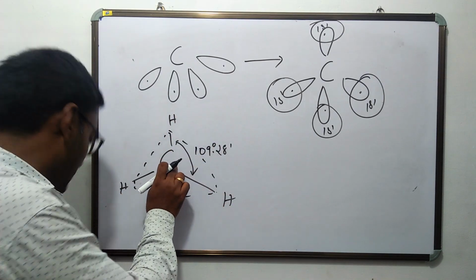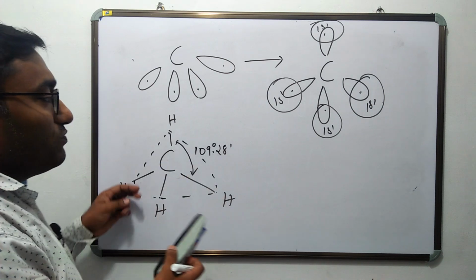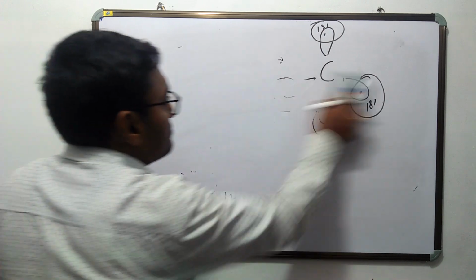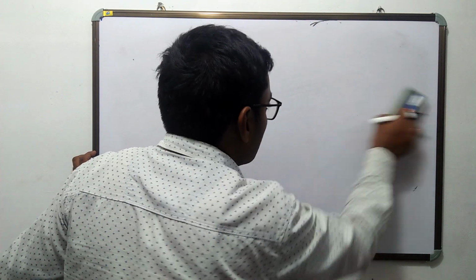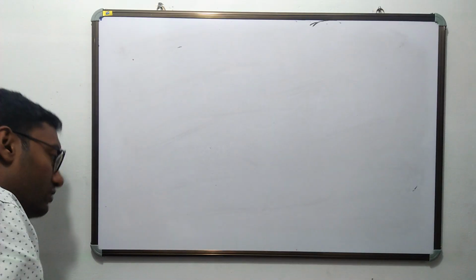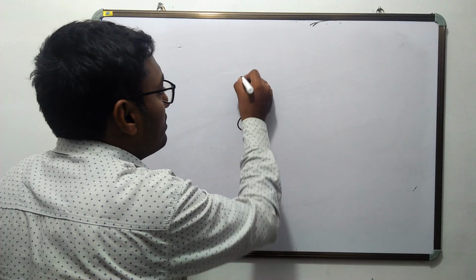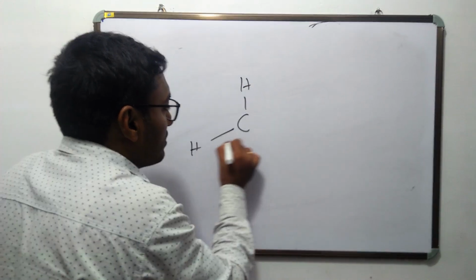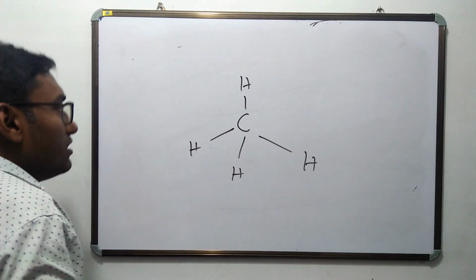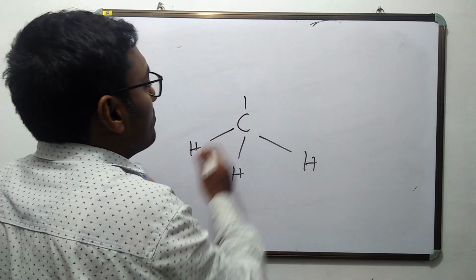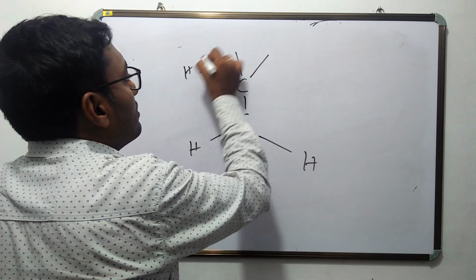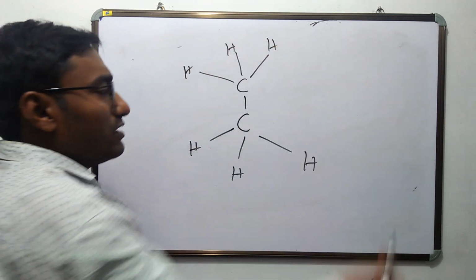This is for methane. You want to know for ethane? It's very simple. I'll show the tetrahedral shape and the tetrahedral angle in ethane also. This was methane. You want to go for ethane? Remove one hydrogen, place one carbon. Ethane.